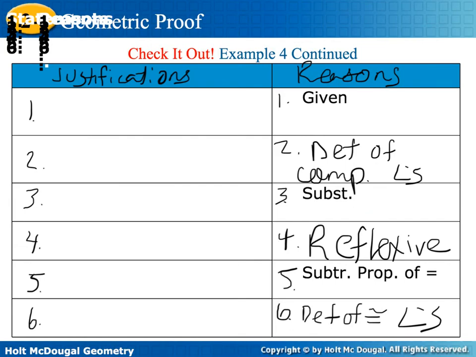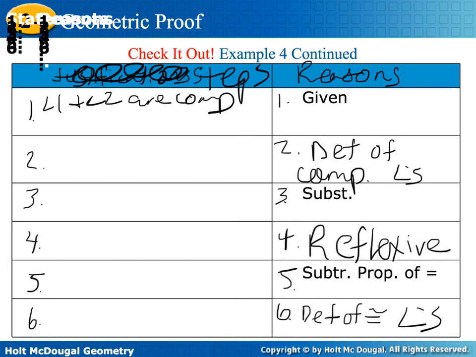All right, so this is totally wrong right here. This should say the steps, and these are the reasons. So we've got all our reasons down here and all our steps over here, so we have to fill those in. So back from the previous slide, we know that angle 1 and angle 2 are complementary, and angle 2 and angle 3 are complementary.